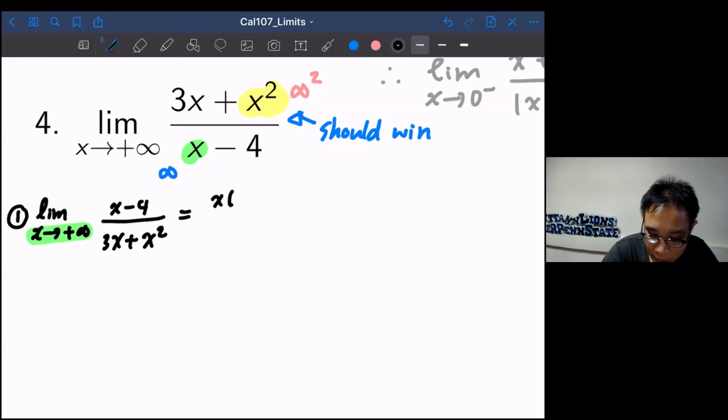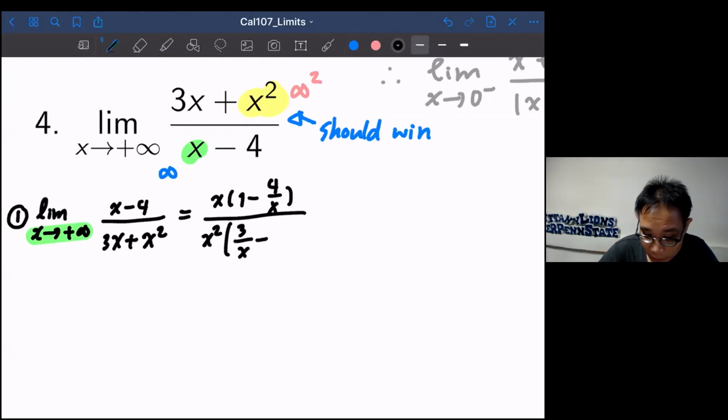So it's going to be x times (1 minus 4 over x), and in the denominator you have x squared, pull out x squared, so it's going to be (3 over x plus 1).